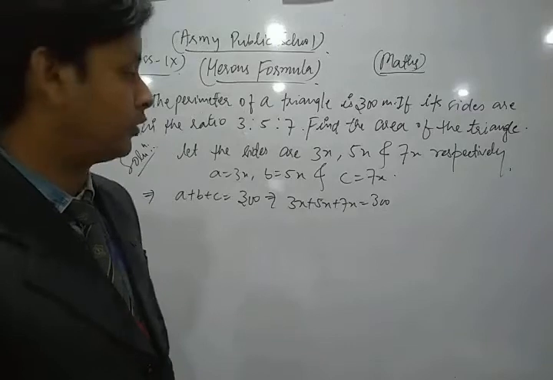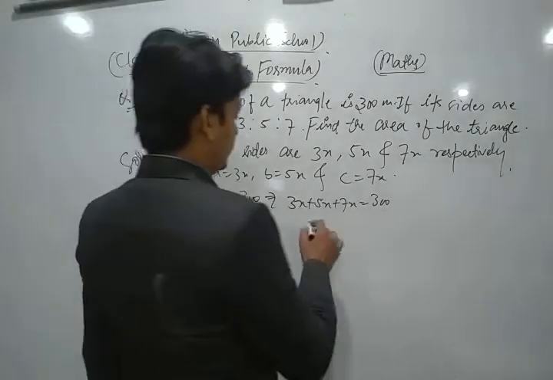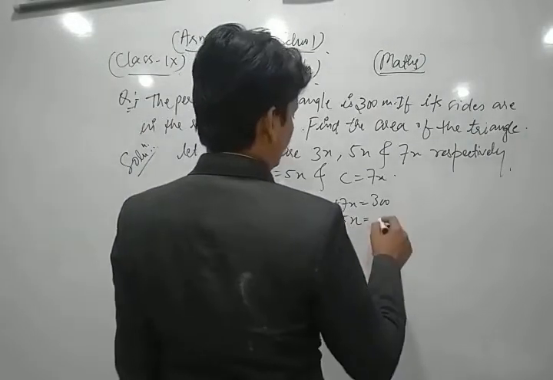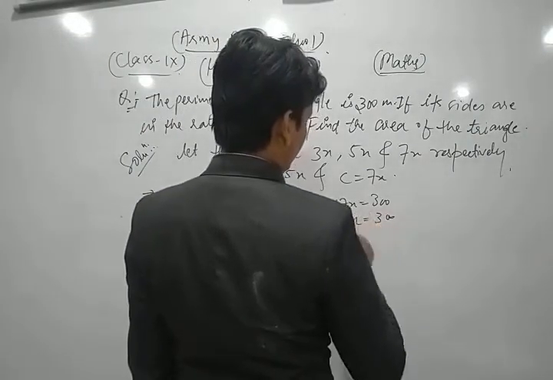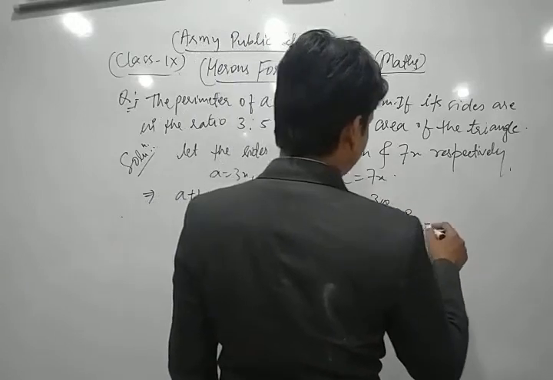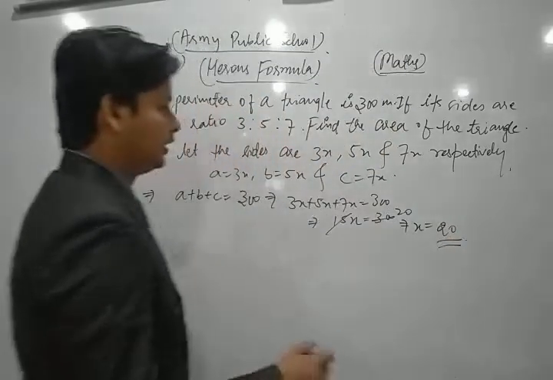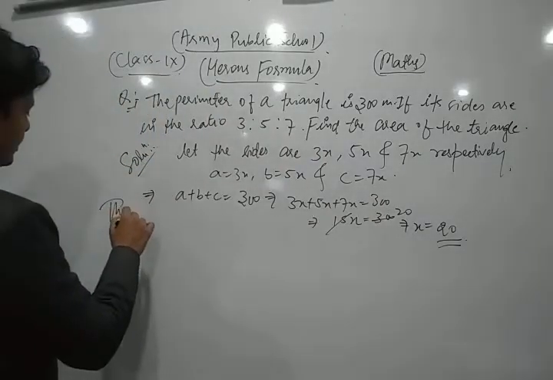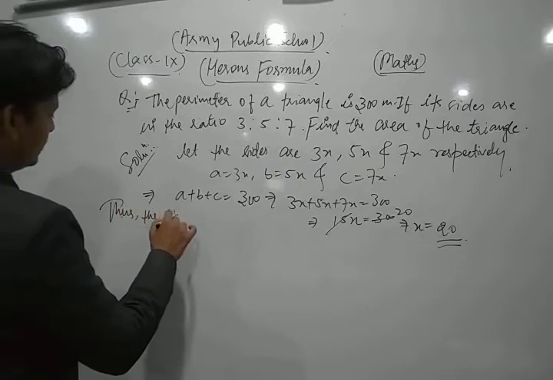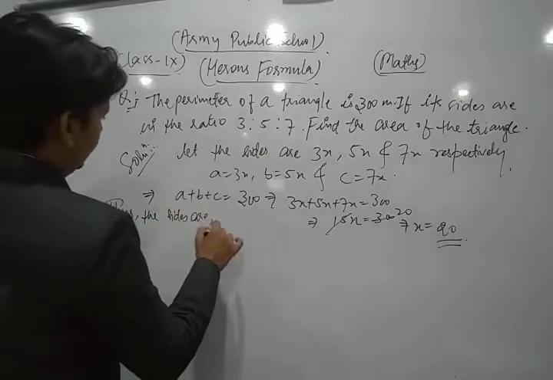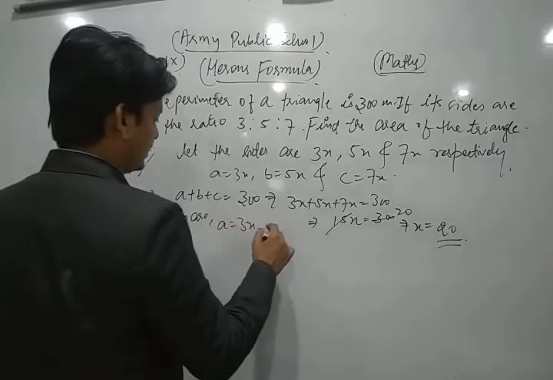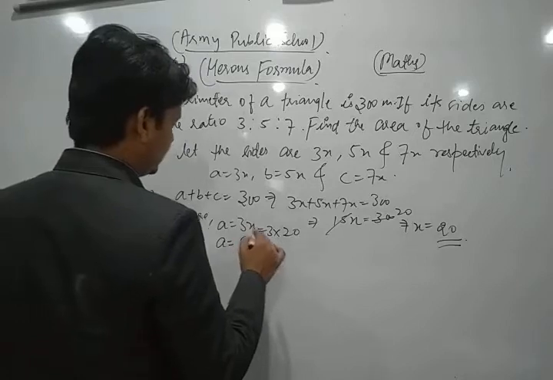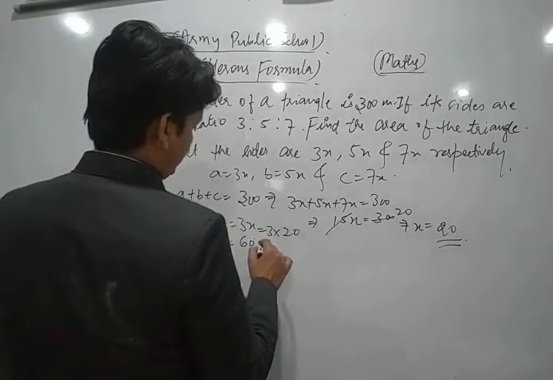Now we simplify and find the value of x. So we get 15x is equal to 300. Thus the value of x is 20. So all three sides are: A is 3x, that is 3 into 20, which is 60 meter.